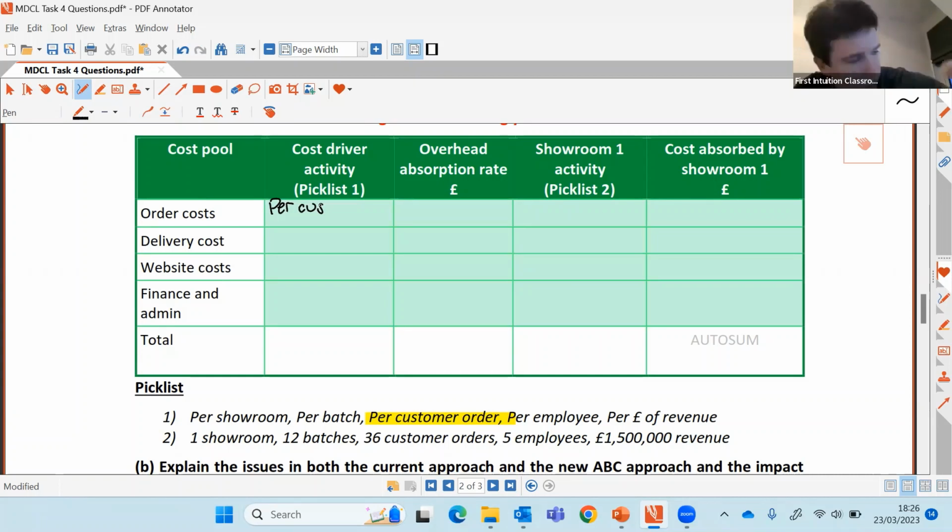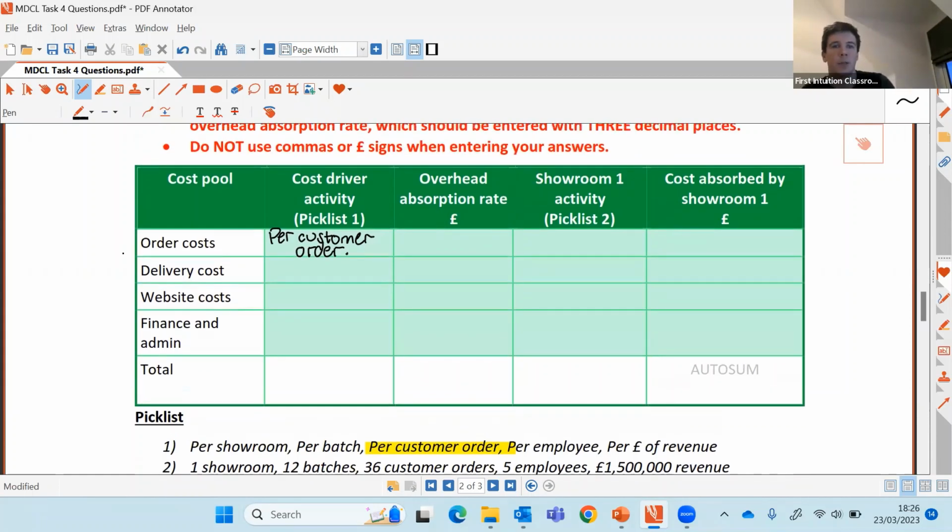Thing you're doing is you're working out, or rather not even working out, but identifying what the cost driver is. Okay. And what we're then going to do is we're going to work out, as you can see here, the overhead absorption rate.